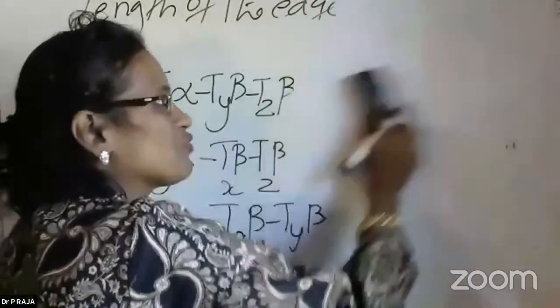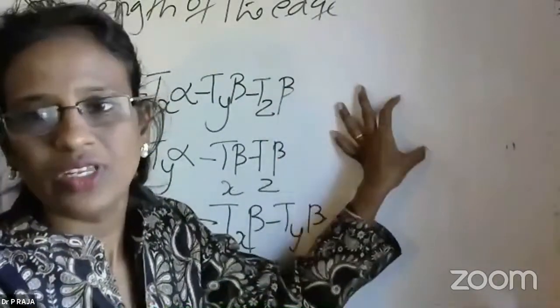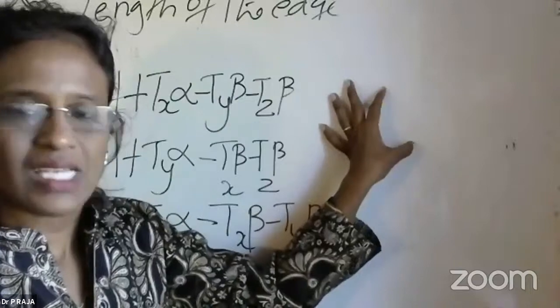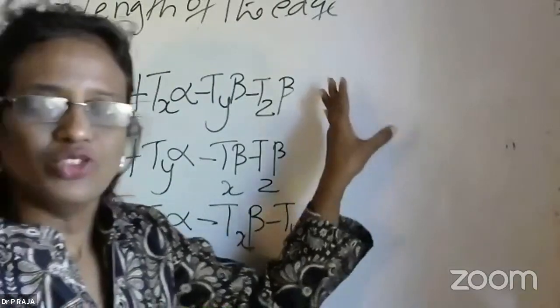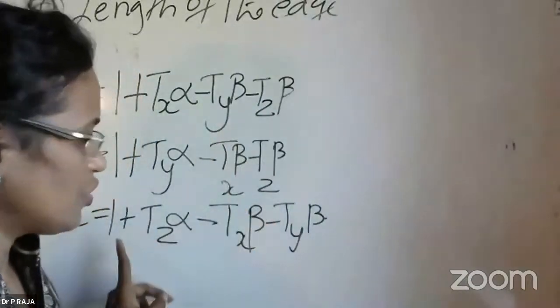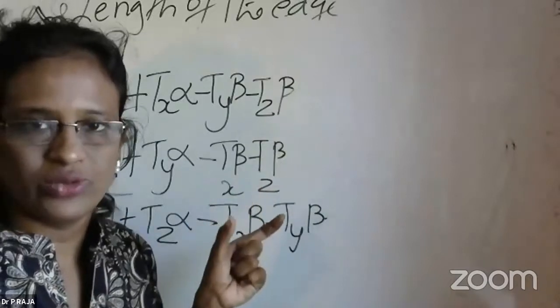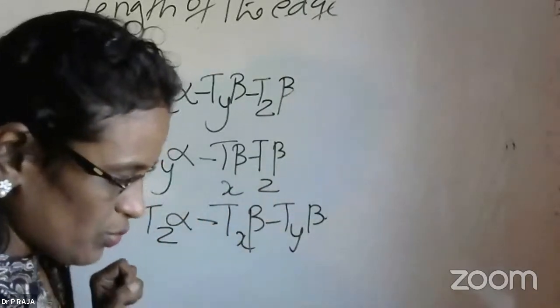So we need to calculate the new volume, then subtract the initial volume from the new volume, and find the difference in the volume. That is what we are going to do.